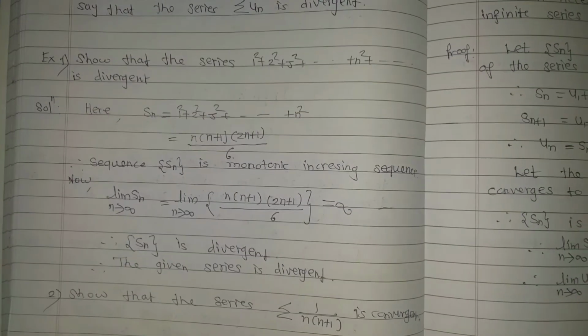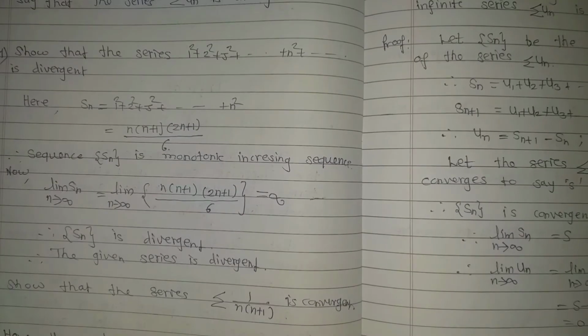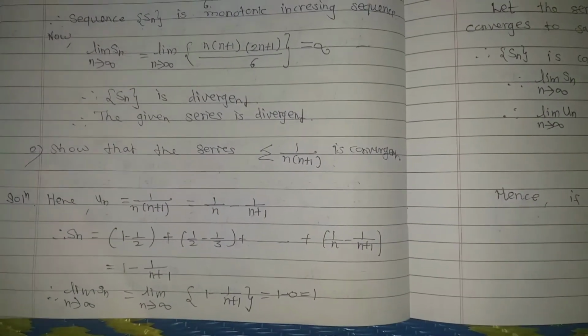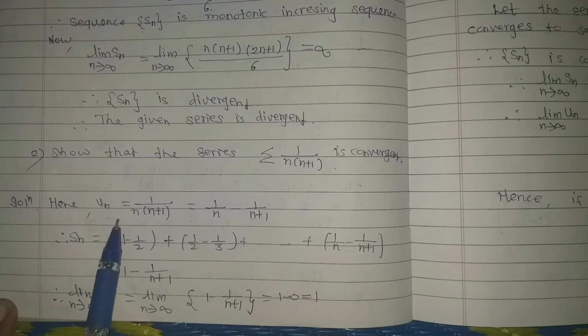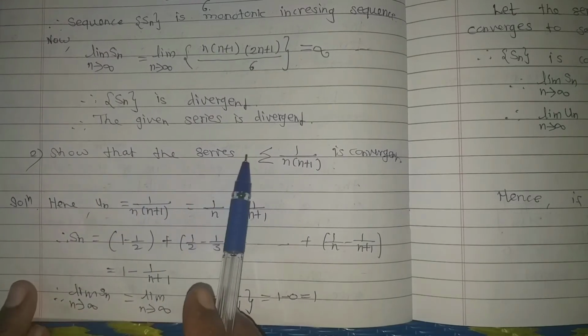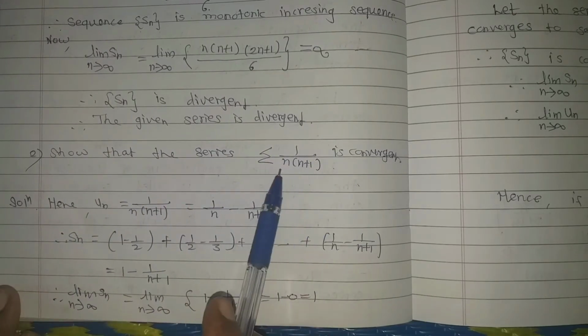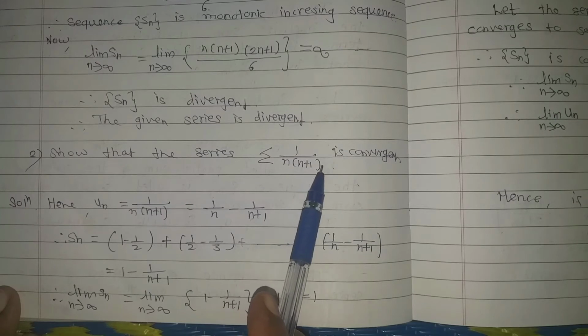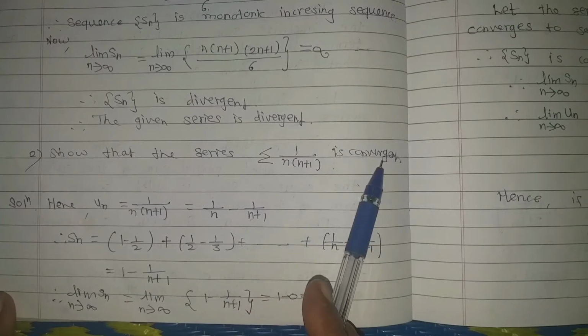Now we consider another example. Show that the series summation 1 upon n into bracket n plus 1 is convergent.